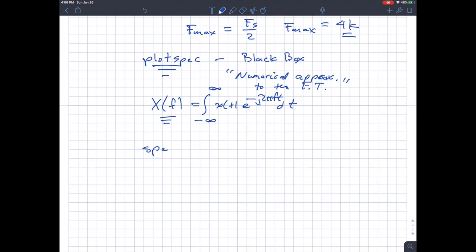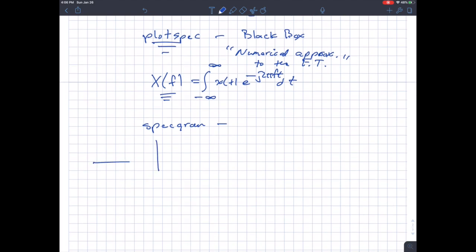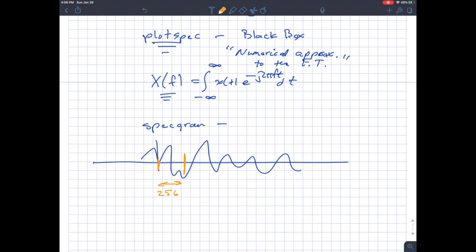All right, so spectrogram is different. When you do a spectrogram, this is a Matlab command, what you do is you take the time domain signal and you break it up into little pieces. So we have these block sizes. A common block size is 256 samples, but it could be a different number of samples. And then we essentially do a plot spec.